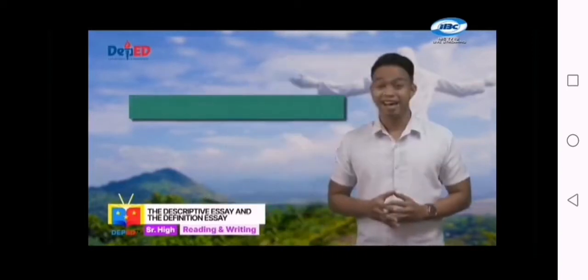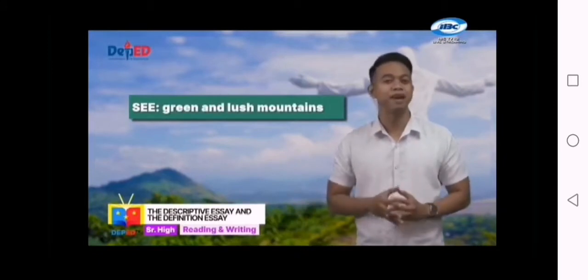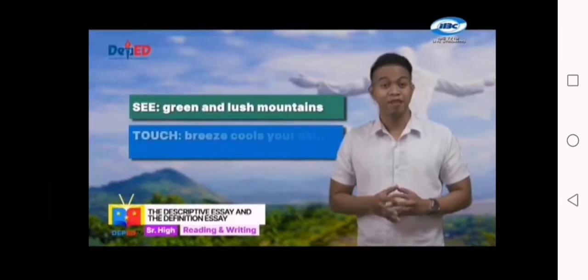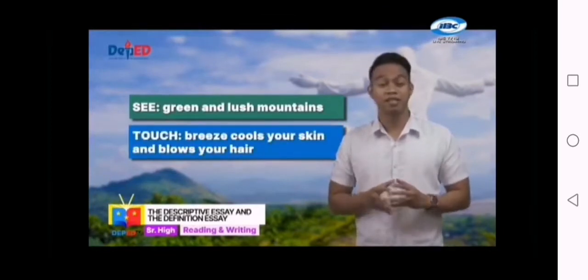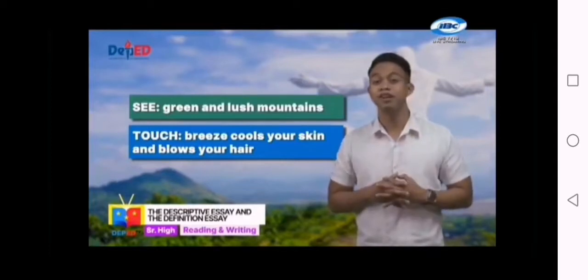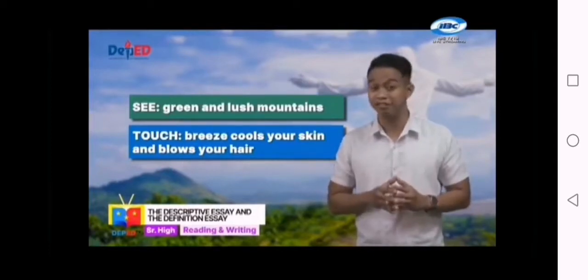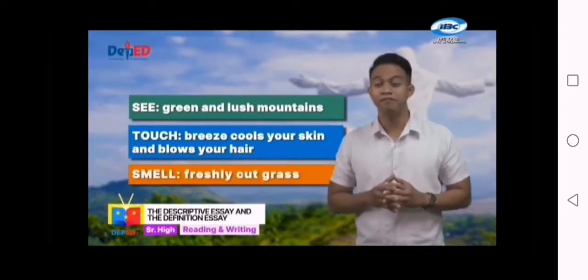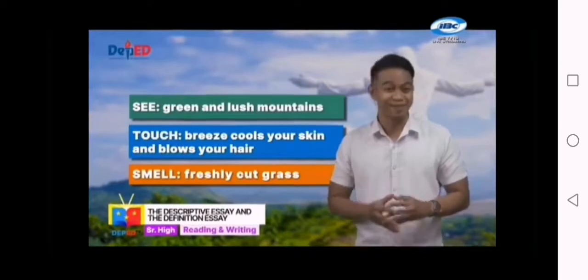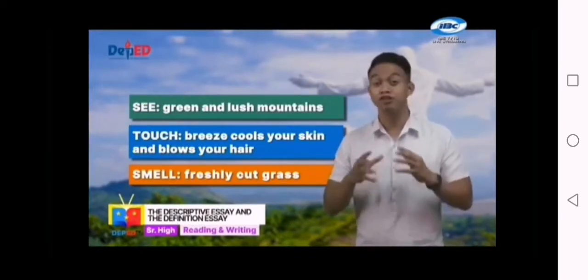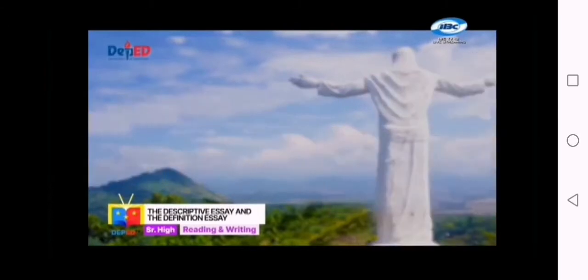Monasterio de Tarlac has green and lush mountains, especially during the rainy months. The breeze at the monasterio cools your skin and blows your hair. If you stand by the Christus statue, you will smell a faint hint of freshly cut grass. Looks great, right? Let's combine these sentences to show a description.